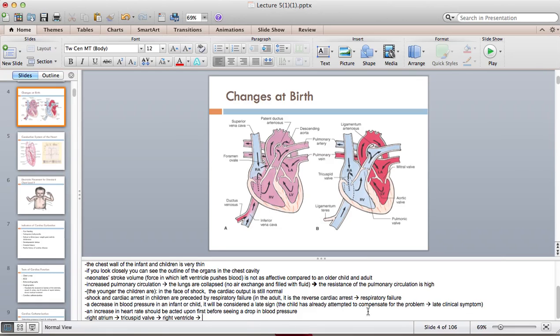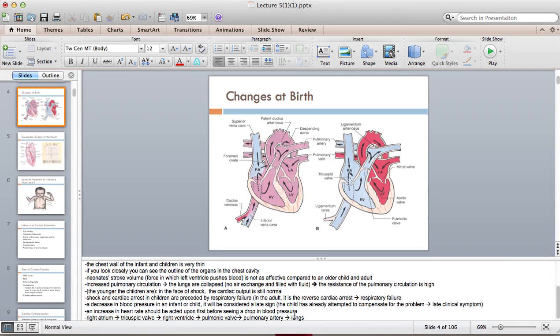Through the pulmonic valve, the pulmonary valve, to the lung. Okay, so when it gets to the lung, it will pick up oxygen.